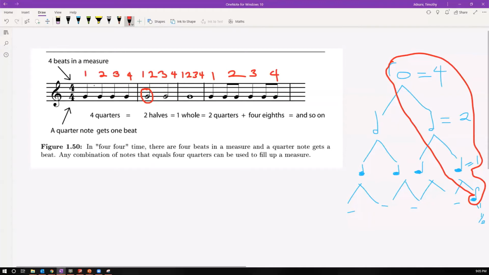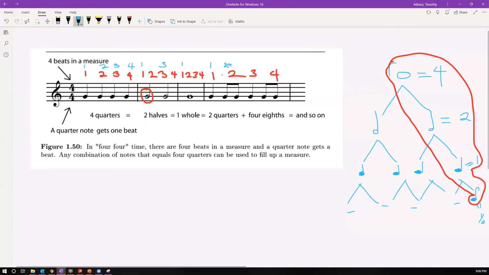But this is how I will sing it. I'm going to sing 1, 2, 3, 4. Okay, and I'm going to say 1, and then 3, and then I'm going to come here and say 1, and I'm going to say 1. And this one will be very interesting. I'll say 2 and.